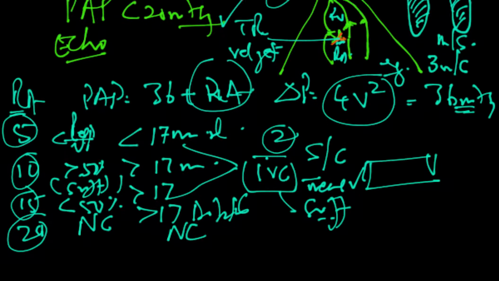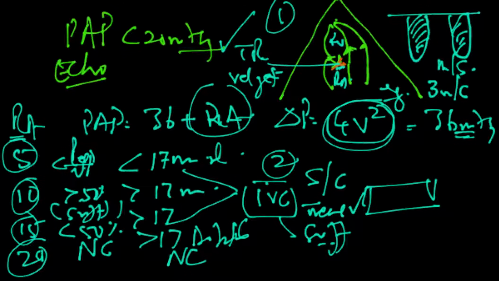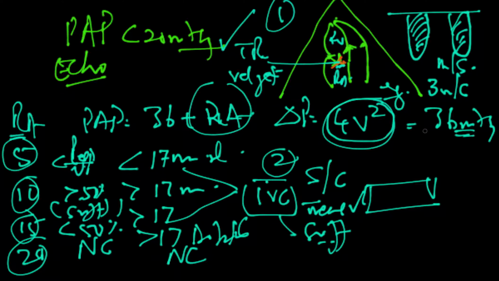So tricuspid regurgitation should be measured in an apical view, in velocities, meters per second. Compute that into the Bernoulli equation. You get the pressure gradient across the RV and RA, which is the tricuspid valve, and that is, say, 36 millimeters in our example. Add that to the right atrial pressure.